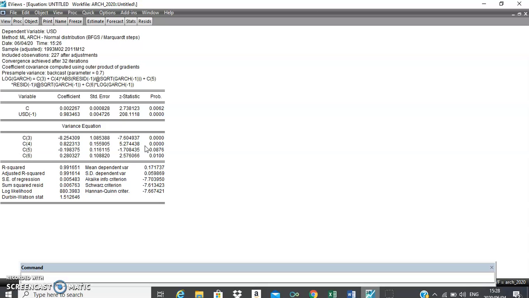Because remember, we said investors usually don't react so much to positive news, they react to negative news. The moment they hear that there is going to be a crash, or a price change in the direction that is against their investment, they would want to pull out or readjust their portfolio of financial instruments or investments.